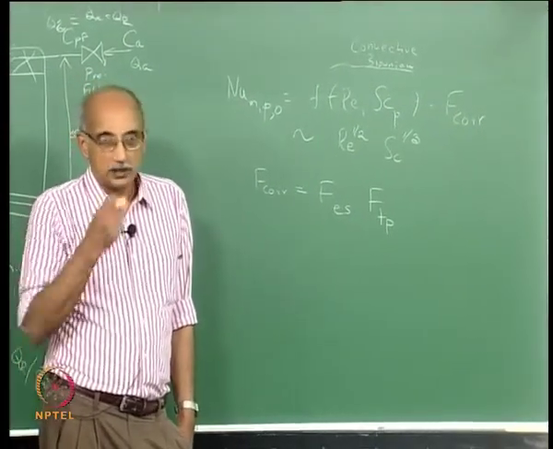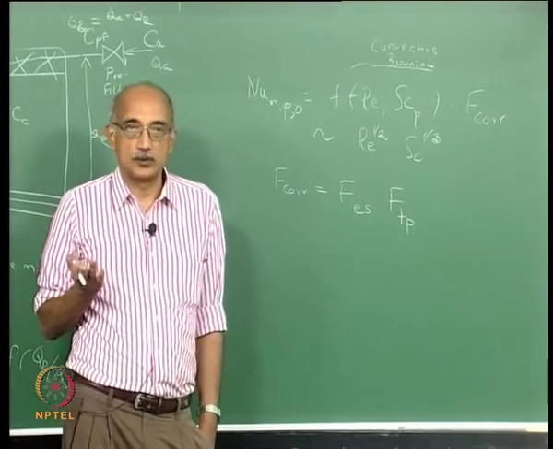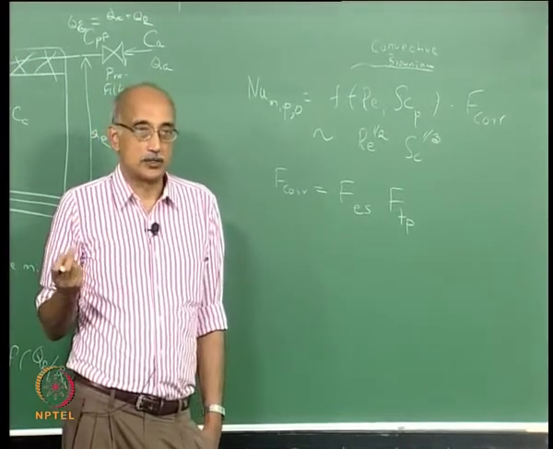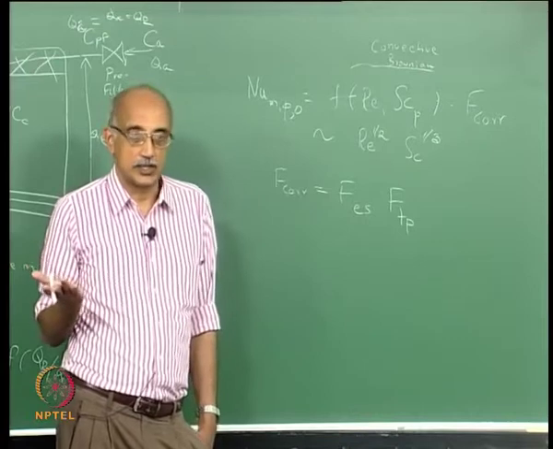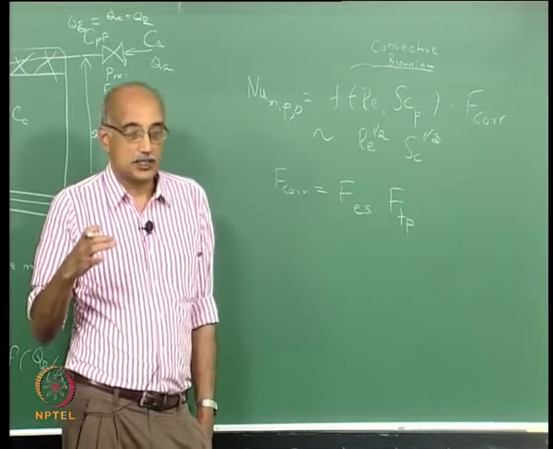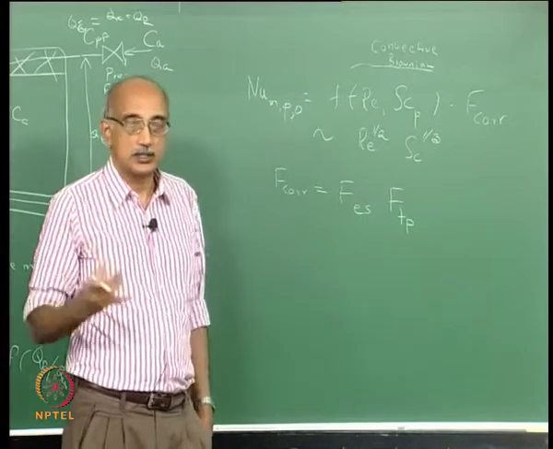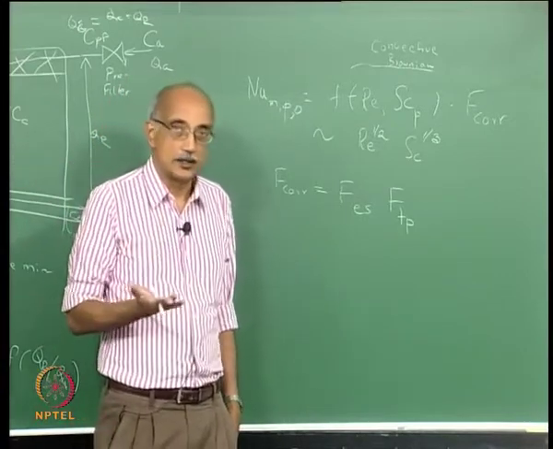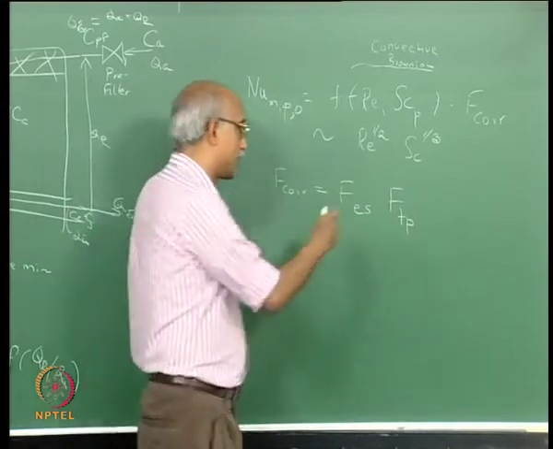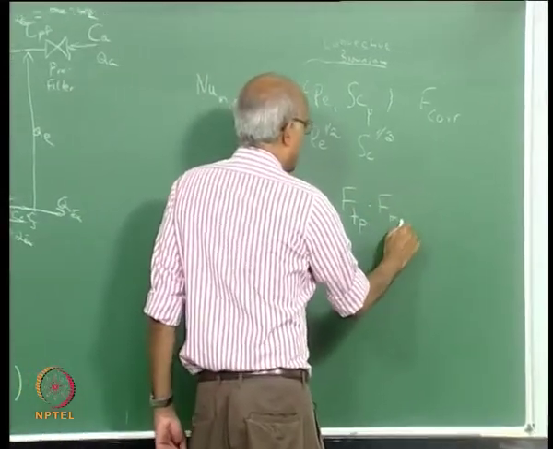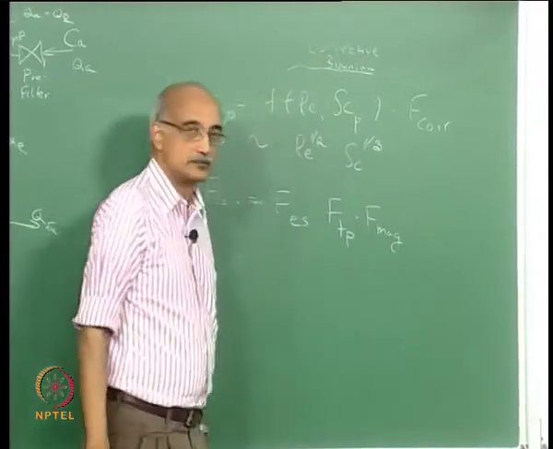Now what other forces do you have to worry about? If you are handling magnetic particles, for example if you are doing disk drive manufacturing, the disk itself has magnetic media, so it's very likely that many of the particles that become airborne are also magnetic in nature, in which case you may have to have a correction factor for magnetic forces.